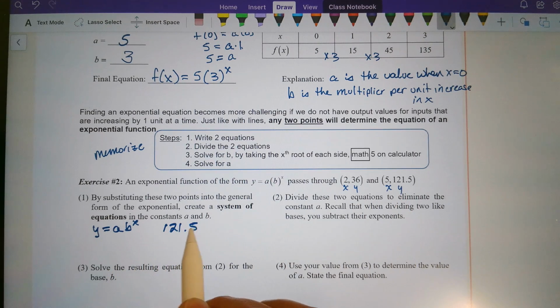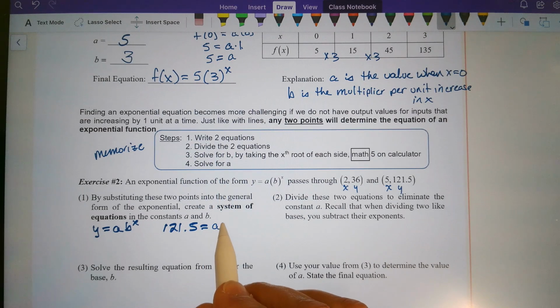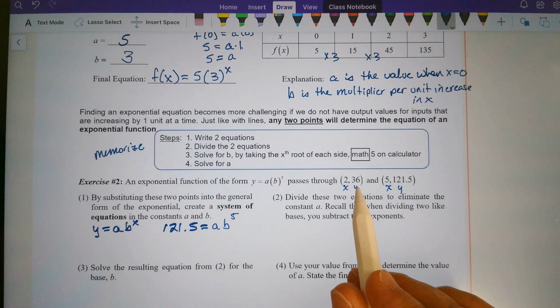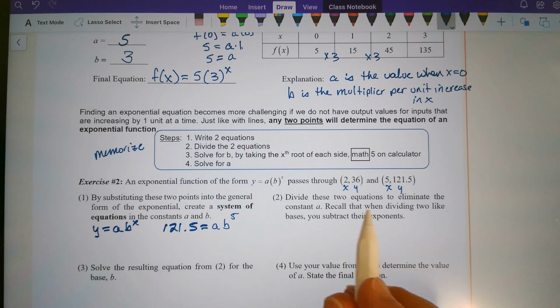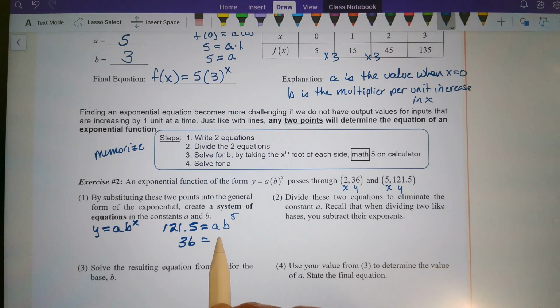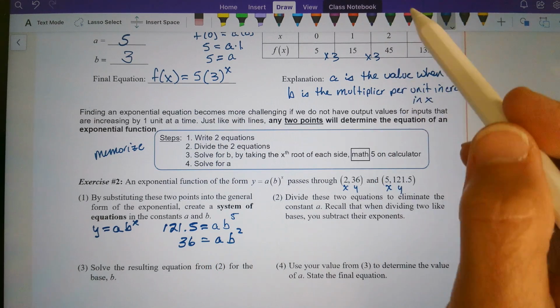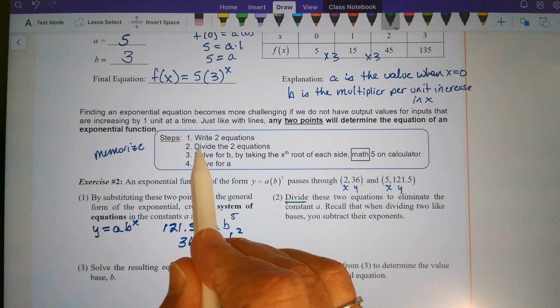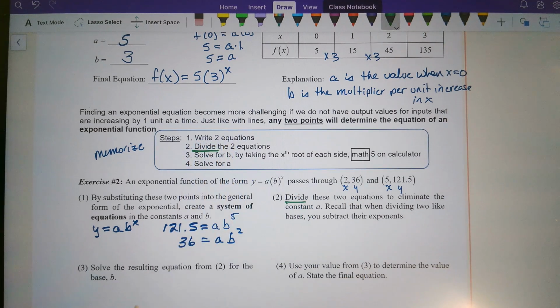So 121.5 equals a times b to the 5th. And our other point, the y value is 36. 36 equals a b to the 2nd. So the first step, write two equations. That's what we did here.